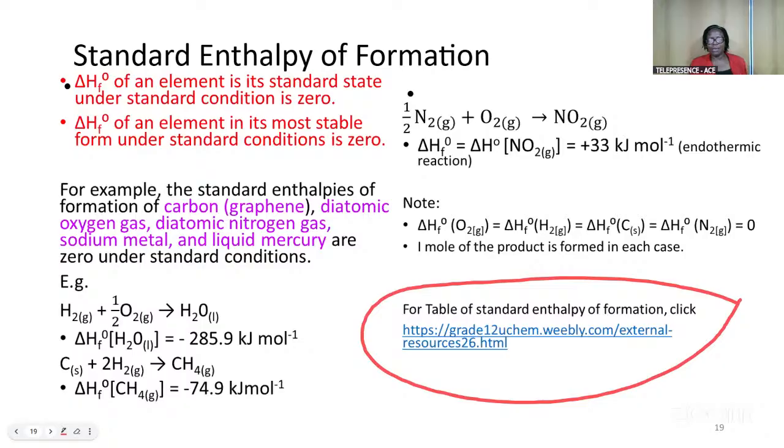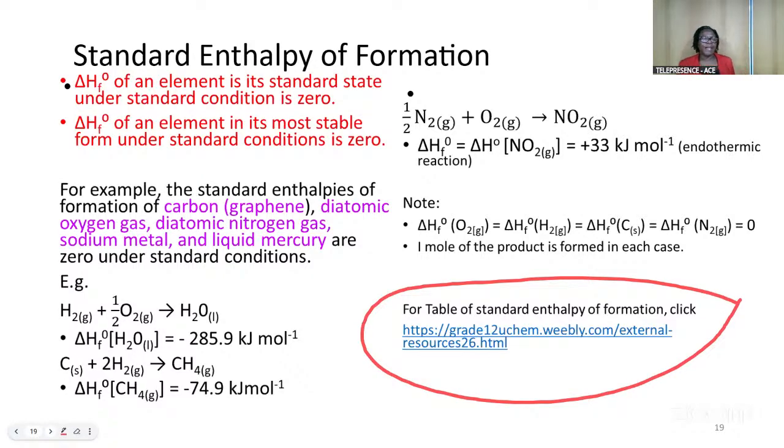Don't forget, the enthalpy of formation simply describes the amount of heat change that occurs when you are bringing those elements together. So for an element in its most stable form, that is zero.